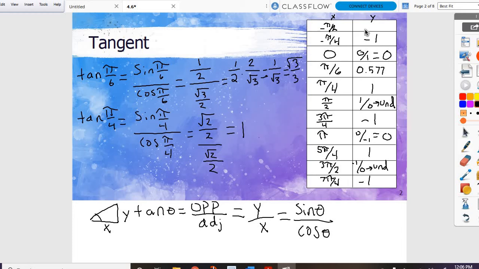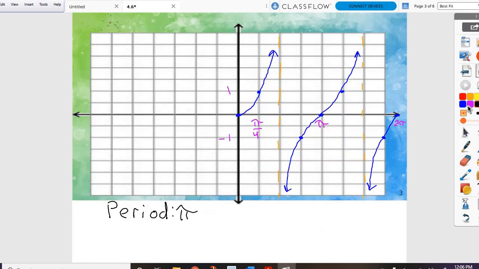So it's also going to be undefined. So as we start to work our way backwards, I'm still going by pi over 4s. They're just negative now. So we would have negative pi over 4, then negative pi over 2, which we just said is undefined. So it gets an asymptote. And then we said that at negative pi over 4, tangent is negative 1.